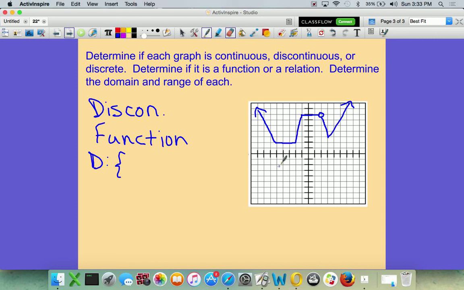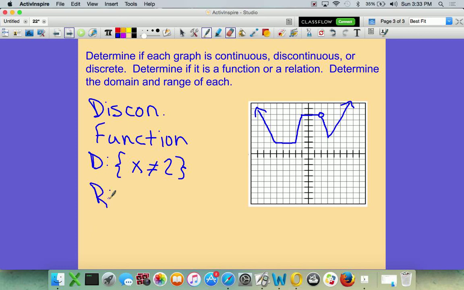All of these work as far as our negative numbers go. Coming on the positive, everything works all the way up to 2. Then once it gets past 2, it starts working again. So for our domain, all of the x values except 2 are the ones that work.